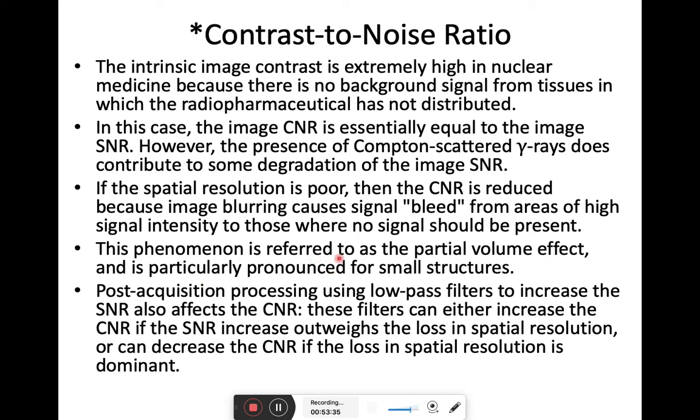This phenomenon is referred to as the partial volume effect, and is particularly obvious for small structures. Post-acquisition processing using low-pass filters also increases the SNR, as we discussed previously, but it can either increase the SNR if the gain outweighs the loss in spatial resolution, or decrease the SNR if the loss in spatial resolution is dominant.